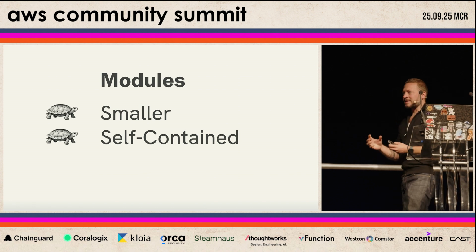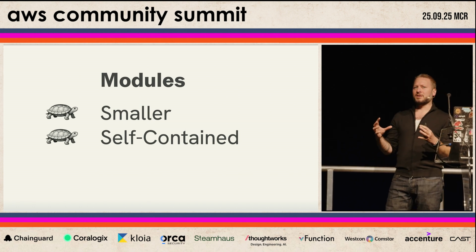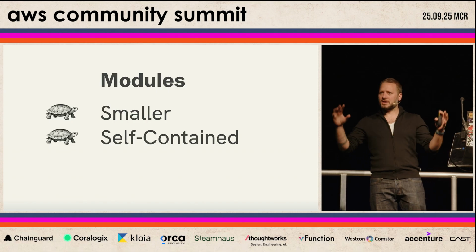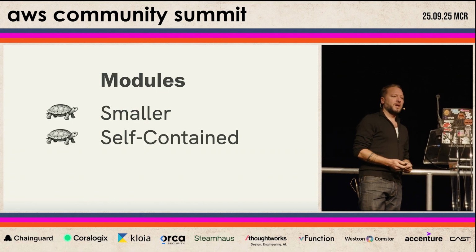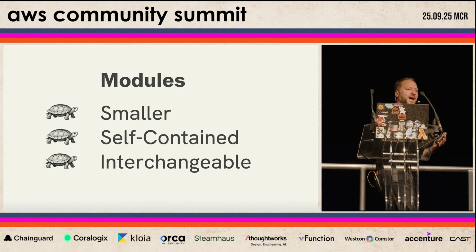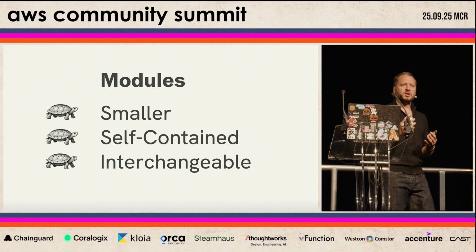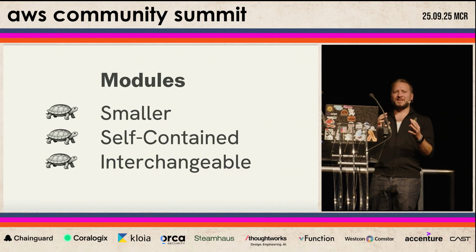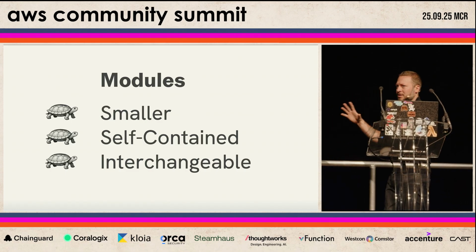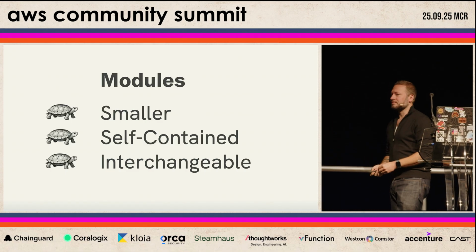Self-contained, meaning that the modules that you identify should be as independent of the rest of the system as possible. And finally, interchangeable, which means that if you have a module and it has a certain function, you should be able to replace that with a different module providing the same function without affecting the rest of the system.